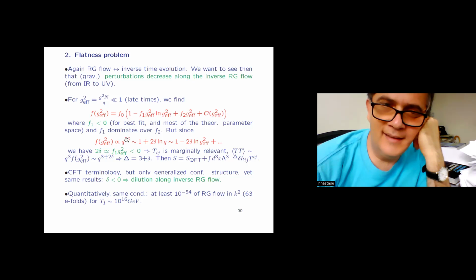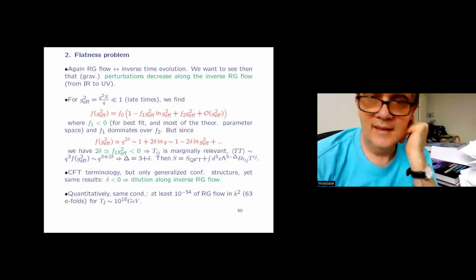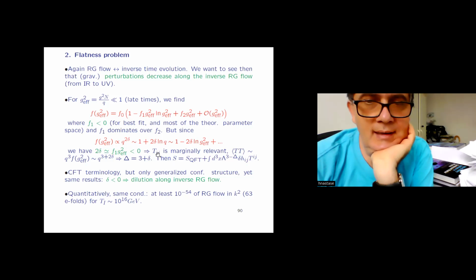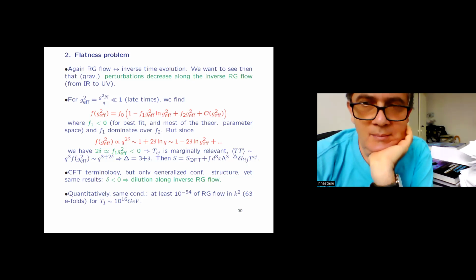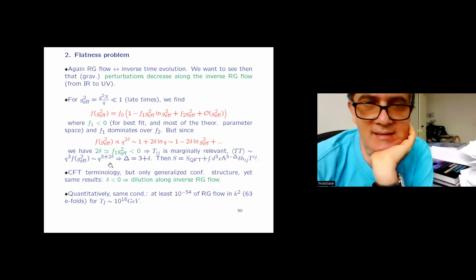And delta negative means that the energy momentum tensor is marginally relevant, meaning that the two-point function of the energy momentum tensor decreases with q.